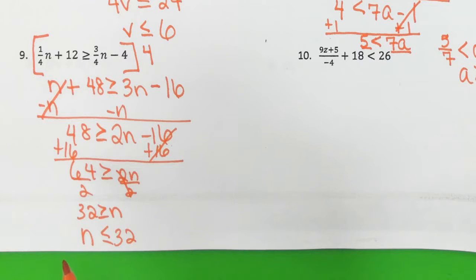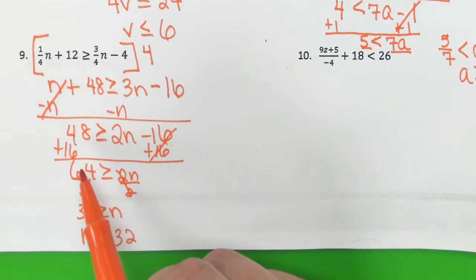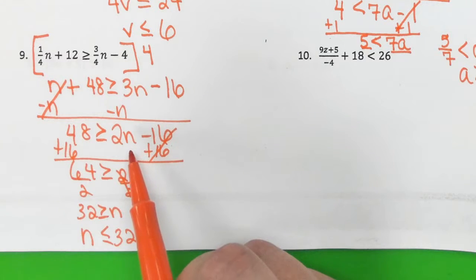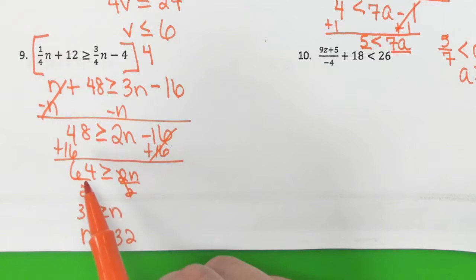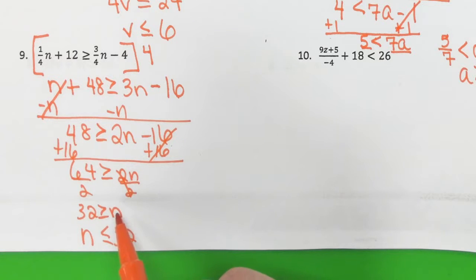Okay, and then you subtract the n, then greater than or equal to 2n, and then you divide. You get greater than or equal to 32. And then the letters are on the wrong side, so flip it: n less than or equal to 32. There you go.